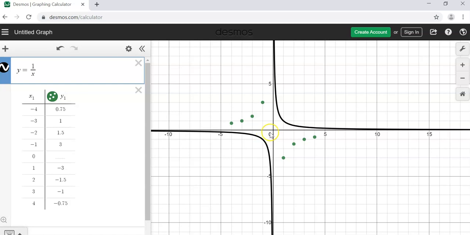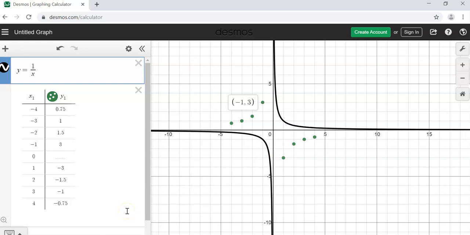So this function, y is equal to 1 over x, is a lot closer to those axes compared to the graph of y is equal to -3 over x. The other thing that I've also noticed with -3 over x is that it's flipped across these axes. So those are just a couple of observations that I'm noting just by looking at the graphs of these functions.